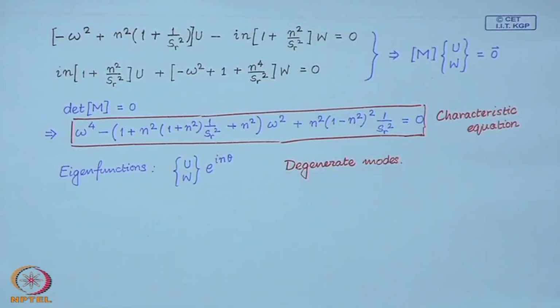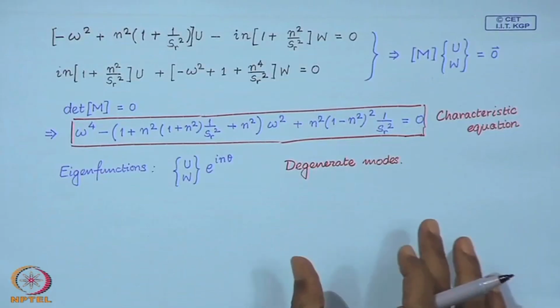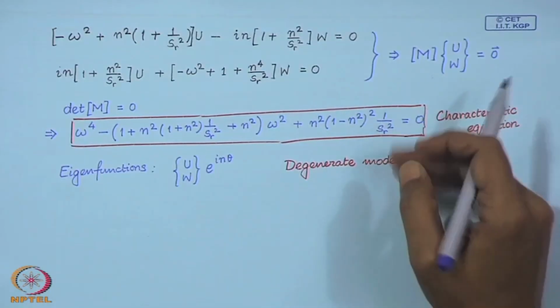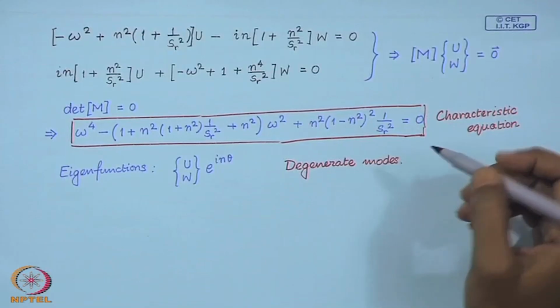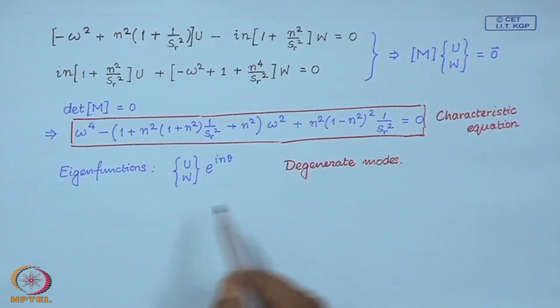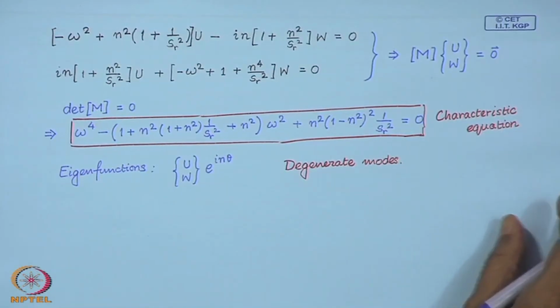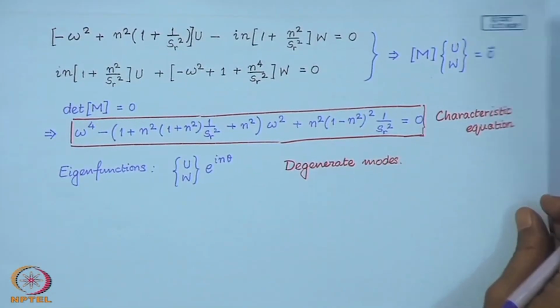Now, let us solve this characteristic equation and try to find out the eigenfrequencies and the eigenfunctions which will characterize the mode of vibration. So, we start with the value n equal to 0.